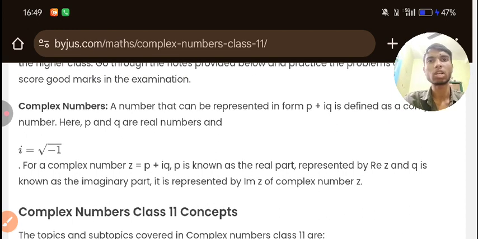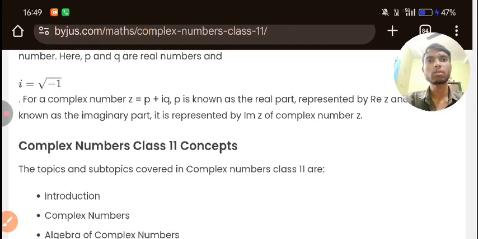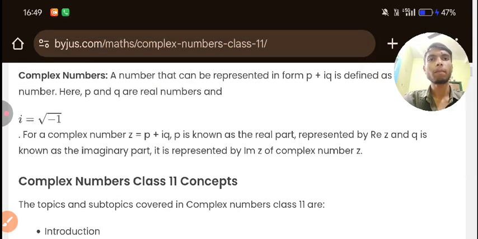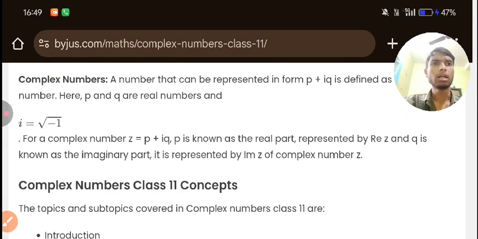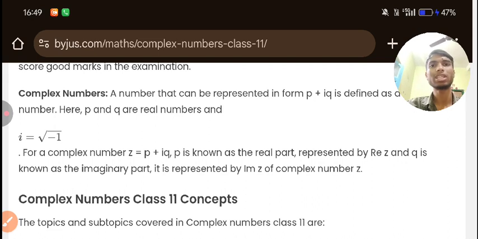I is an unreal number. A complex number is represented by z. Z is equal to p plus iq, where p is known as the real part, represented by Re z, and q is known as the imaginary part, because this is the part with the imaginary unit.